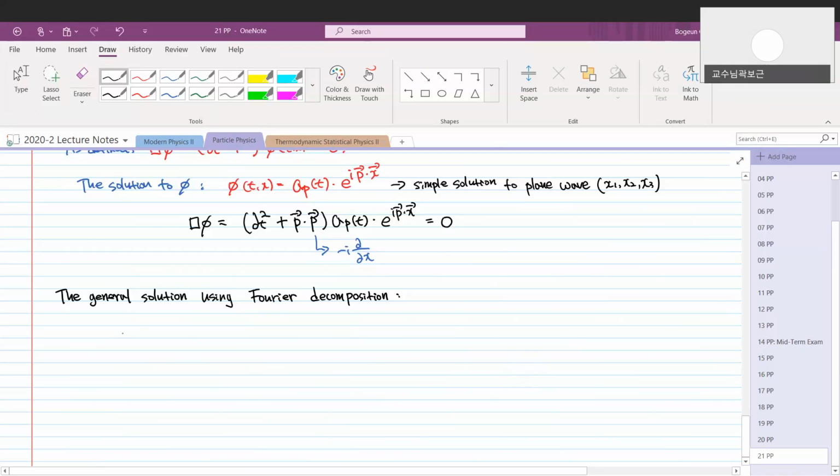So with Fourier decomposition of this general solution, phi(x,t) equals a_p e^{i p x}. This is just one solution, and we already used some generalized solution for this, with e^{-i p x}.